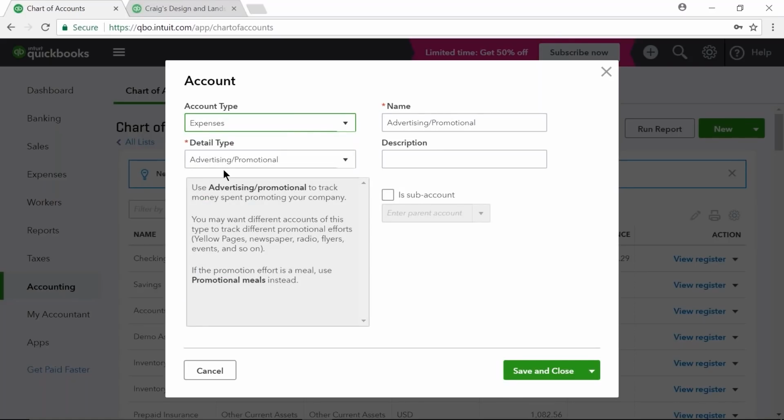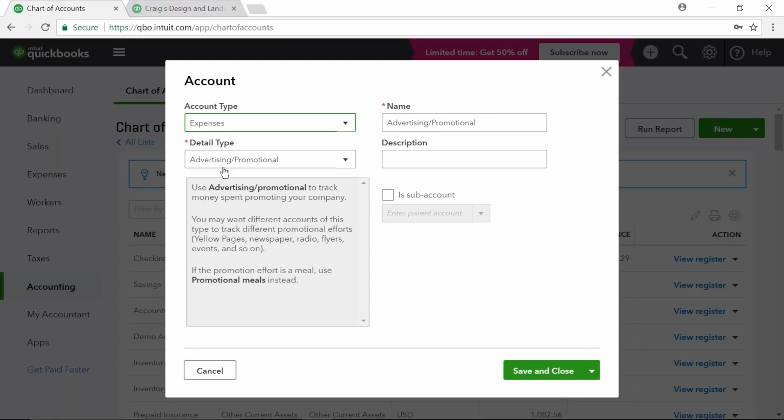Now we also have a field right here called detail type. I haven't mentioned detail type at all so far, so it's kind of sneaking up on us here. What does detail type mean? Well, detail type is basically just an additional descriptor. It's a way for us to add a little bit more detail on top of our description of this account.